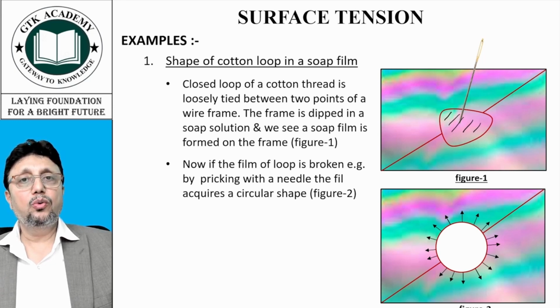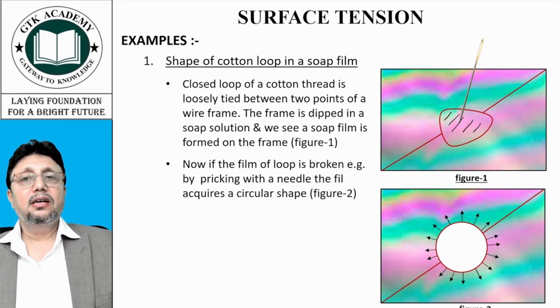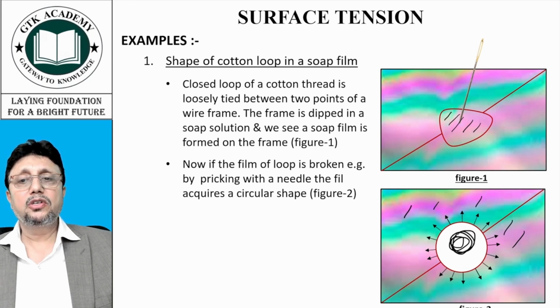I think some of you who know geometry correctly, or you can recall that, they will be able to answer this. We have said that the film tries to contract as much as possible. Now the film is only in this remaining part of the frame except this area of this loop.